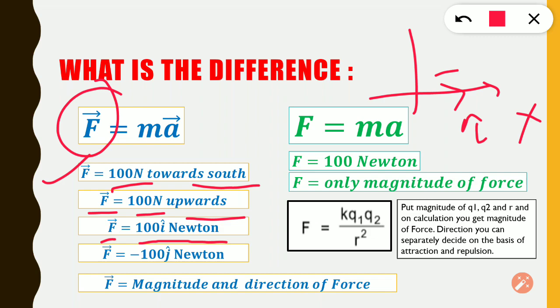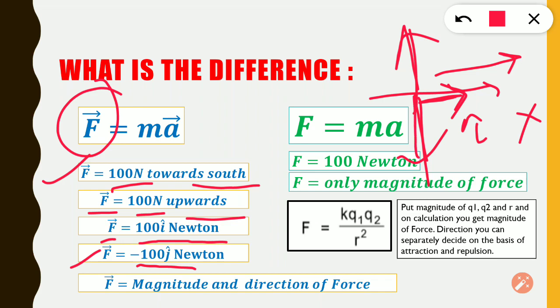So any vector along x axis can be expressed in terms of I cap. 10 I cap means 10 Newton along positive x axis. 100 I cap means 100 Newton along positive x axis. See another example, minus 100 J cap Newton. J cap is along positive y axis, minus J cap along negative y axis.